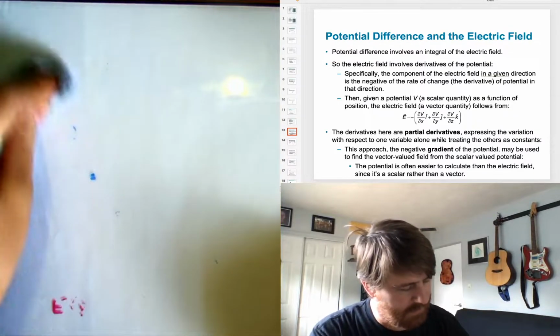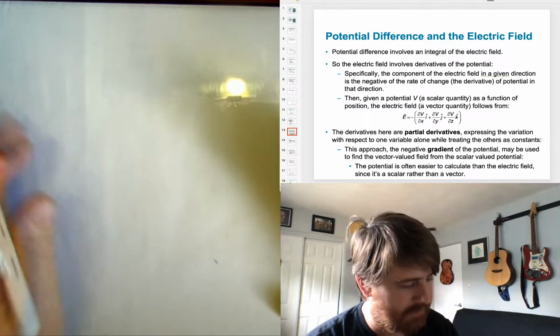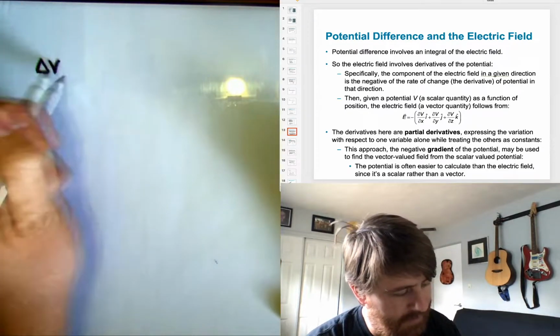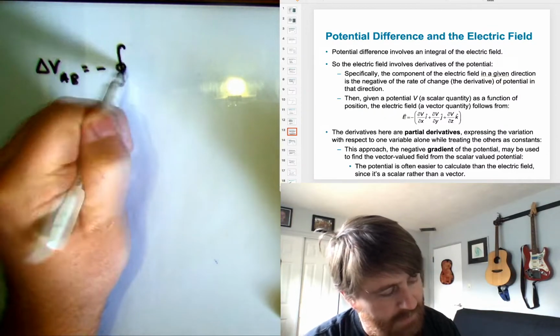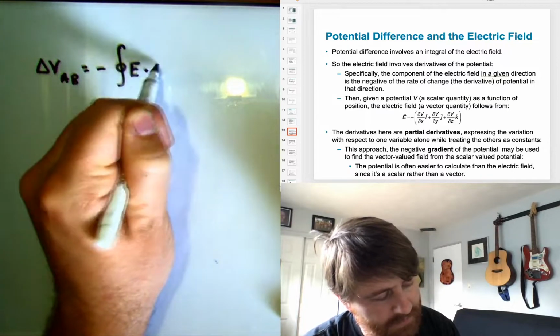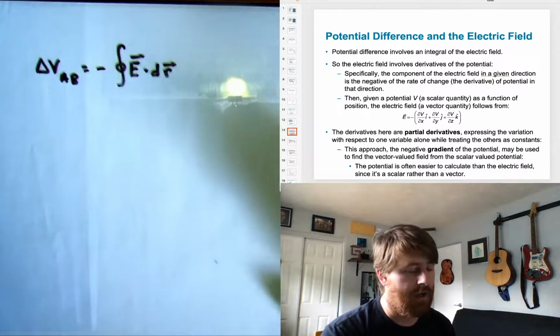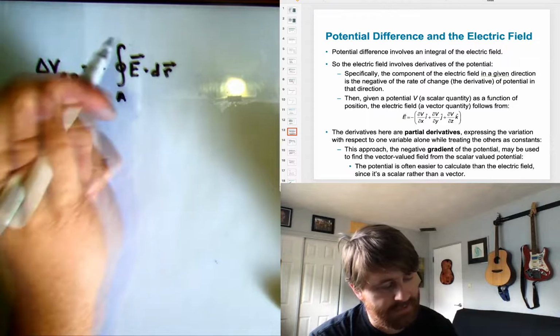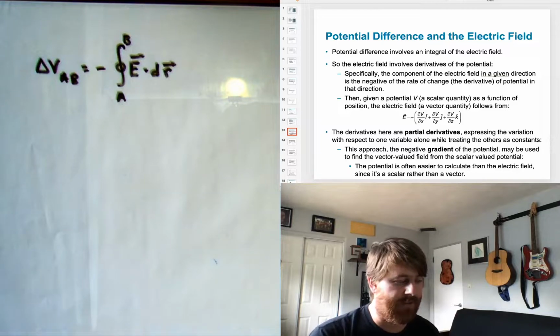So we know that the electric potential difference, delta V AB, is negative the integral of the scalar product between the electric field and dr along any path that takes us from A to B. And you probably have the idea that, well, wait a second, if I integrate to get the difference in potential, then maybe I should differentiate potential to get the electric field.